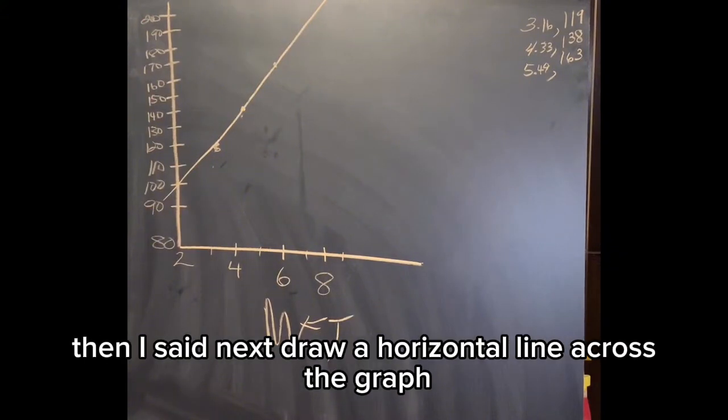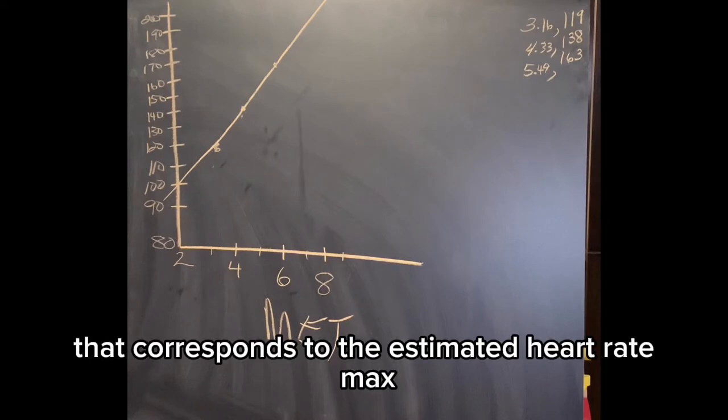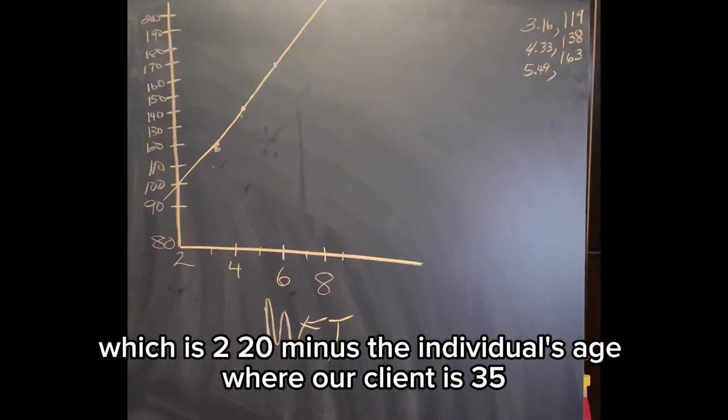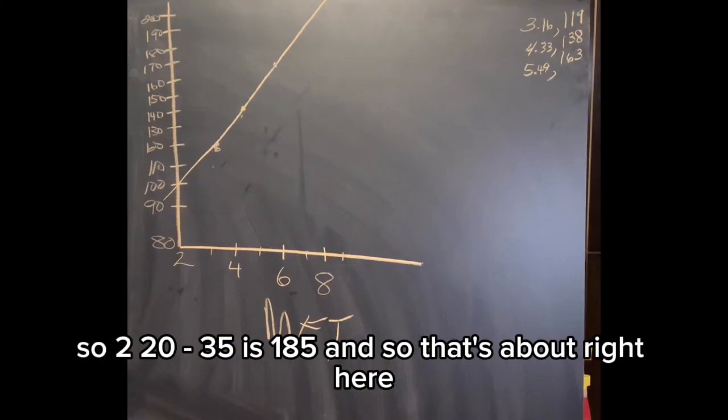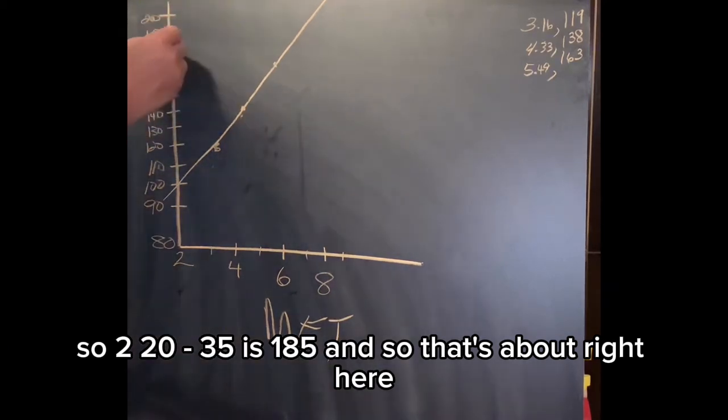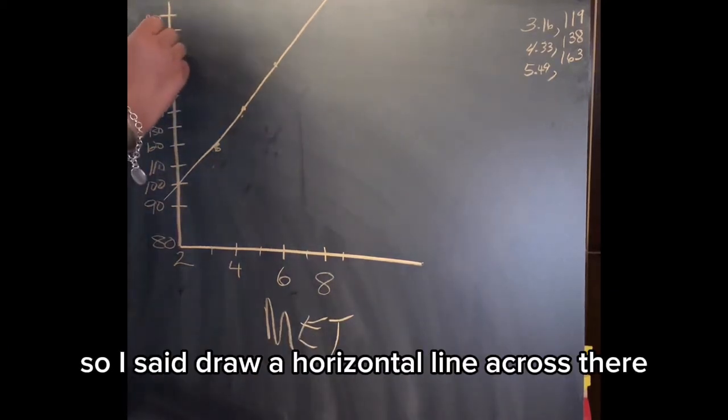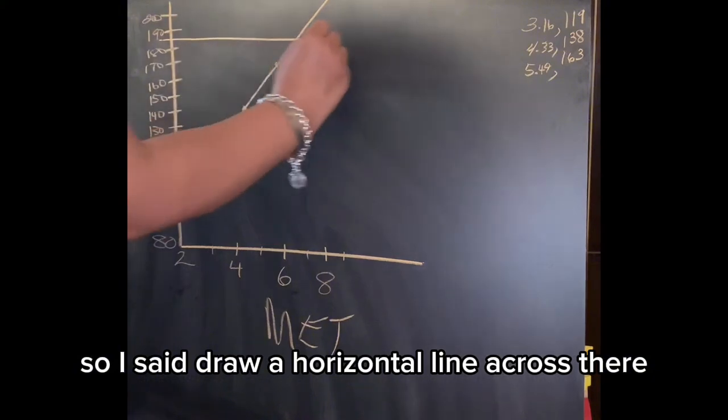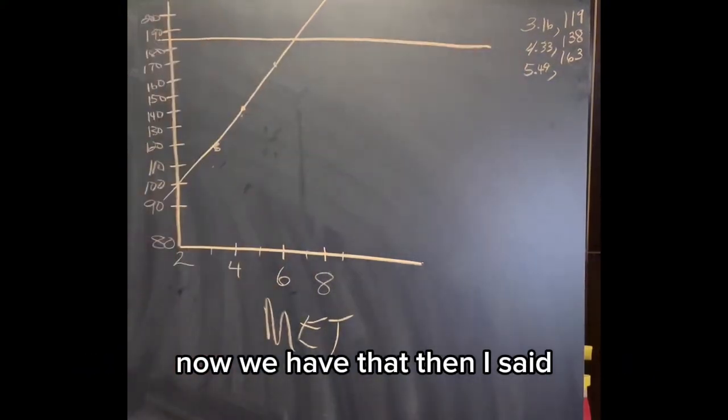All right, then I said, next, draw a horizontal line across the graph that corresponds to the estimated heart rate max, which is 220 minus the individual's age, where our client is 35. So 220 minus 35 is 185. And so that's about right here. Now we have that.